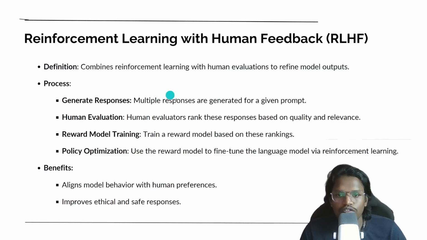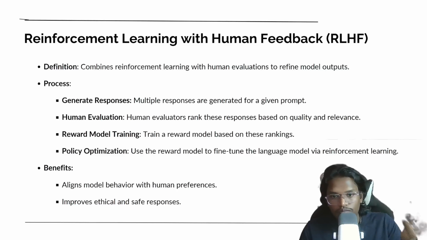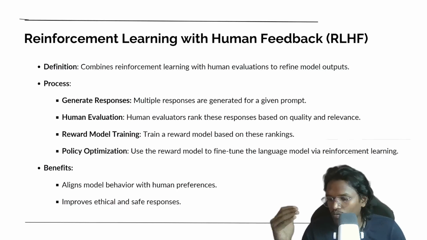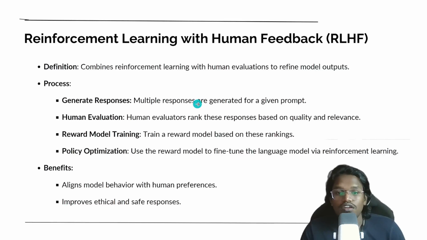For that, first you need to generate multiple responses for a given prompt. You will use human evaluators to rank these responses, not just two. In DPO it will be two, binary, but with RLHF it will be multiple, 1 2 3 4 5. And now we'll train a model just to provide these rankings.